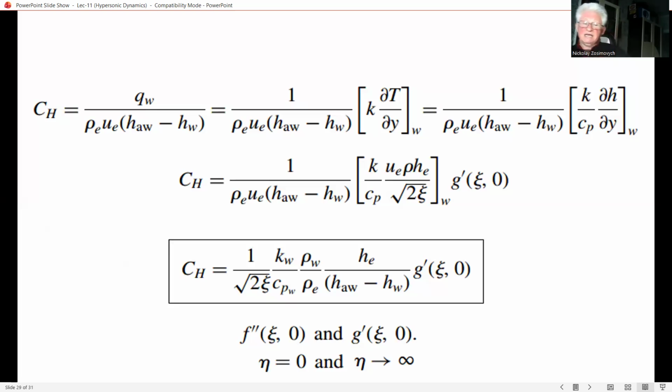In our case, the two boundaries are eta equals 0 and eta equals infinity, for eta at least large enough to be outside the boundary layer. These matters will be discussed in our future lectures, maybe next or the one after.